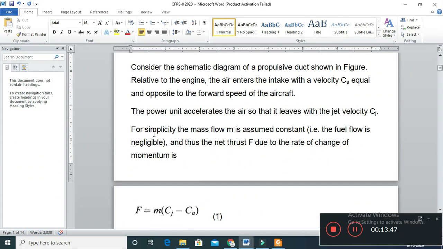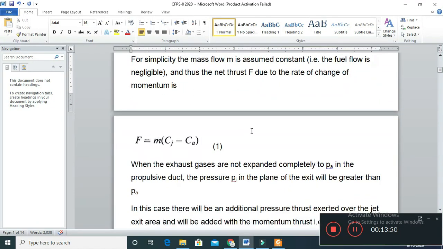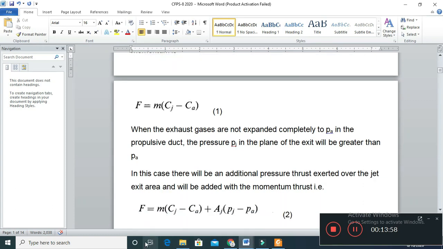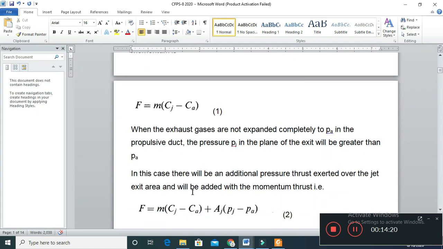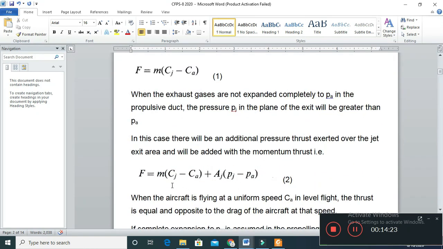Now we make an assumption that the mass flow rate is constant. We neglect the addition of the fuel mass, and we write a relation for the thrust. So thrust is equal to mass flow rate multiplied by the difference in velocity. This thrust relation is due to momentum. This is momentum thrust. If there is a difference in pressure, that is Pj is greater than Pa, then there is additional thrust due to pressure. So the modified relation consists of momentum thrust and pressure thrust.